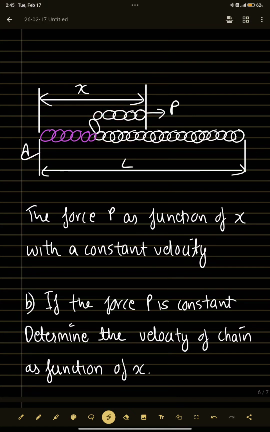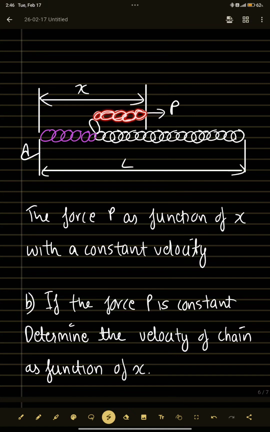इस end को आप P force से खींच रहे हैं. Right? This link is having some velocity. This link here is having some velocity. What is the velocity of this link? This is an open link chain. I mean the links are connected like this. So एक end में if you know the velocity of the link, what will be the velocity?